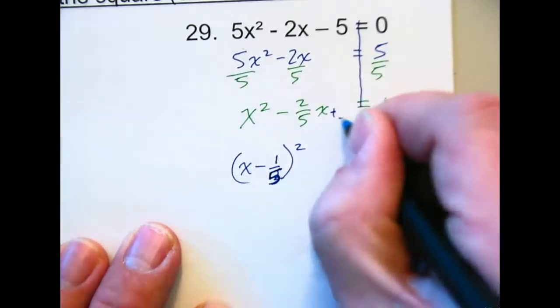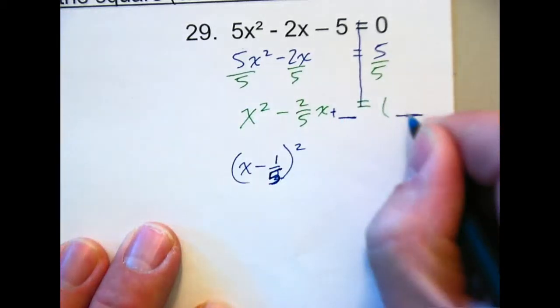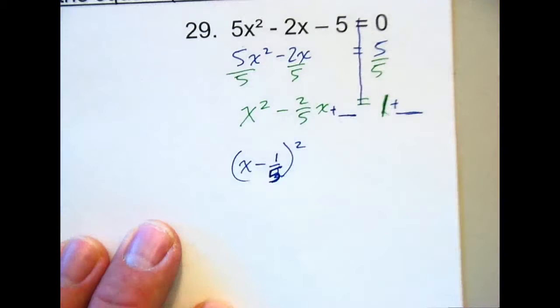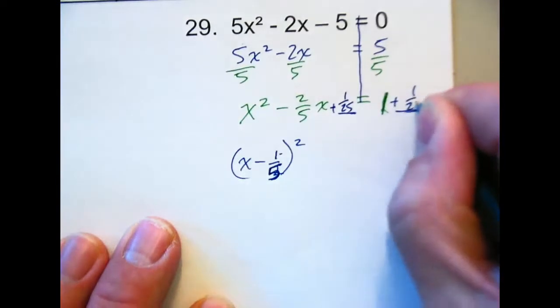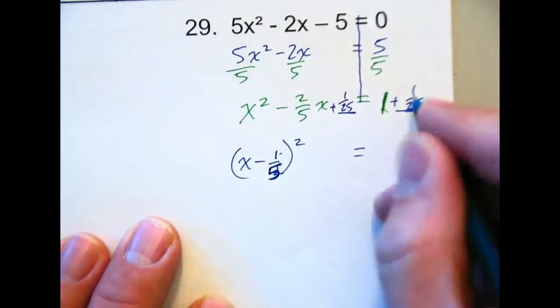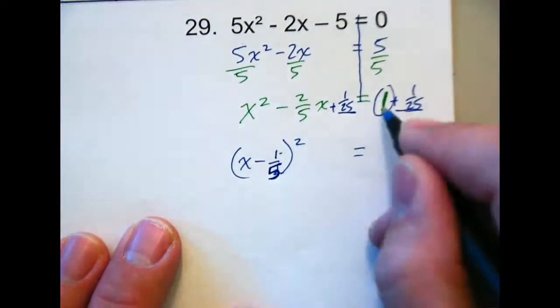Proofreading. So what are we going to add there on both sides? Well, 1/5 squared is 1/25. Okay, so x minus 1/5 quantity squared is equal to, what is 1 in terms of 25ths? 25 over 25. So this is 26/25.